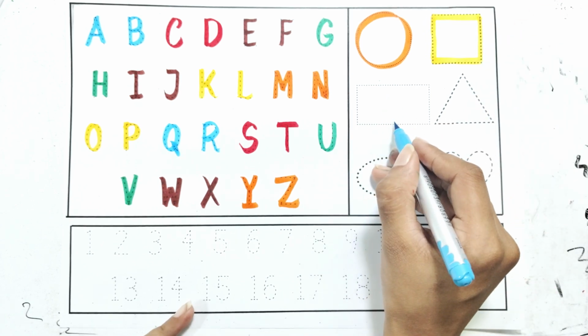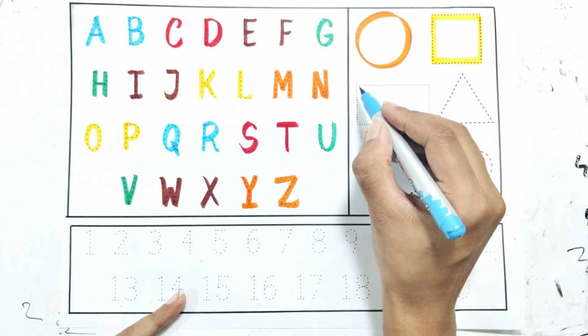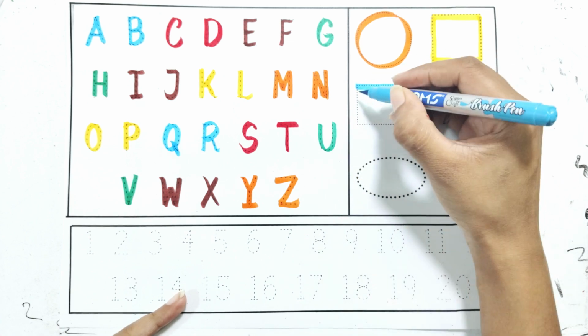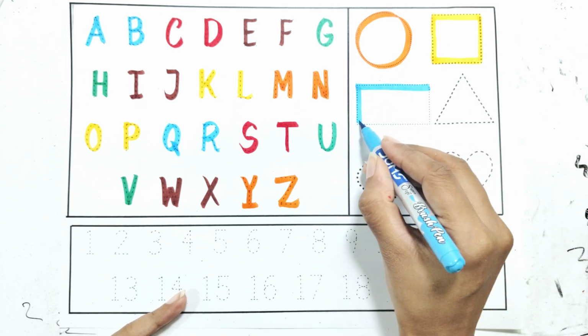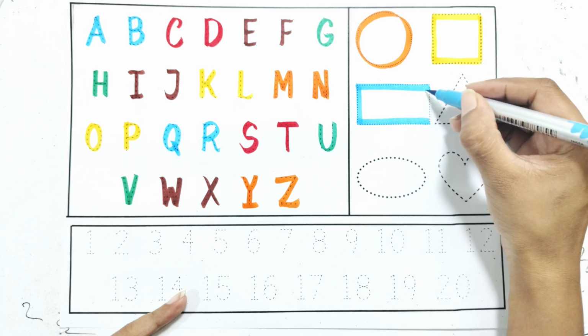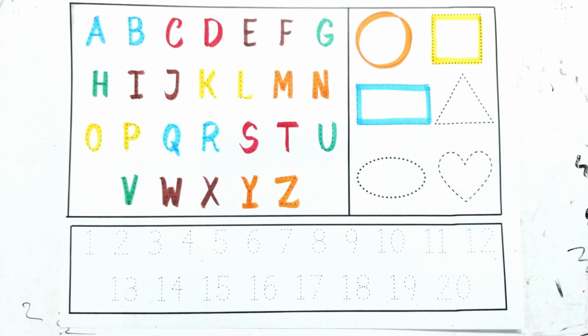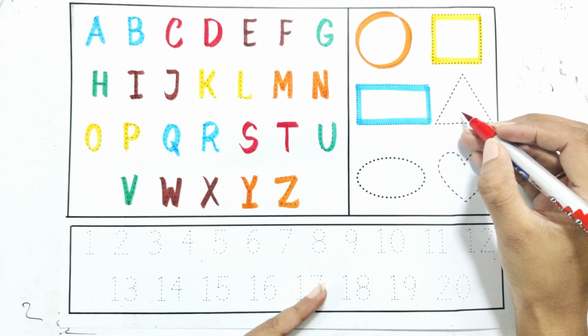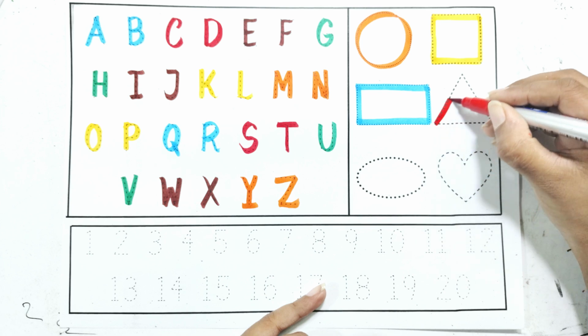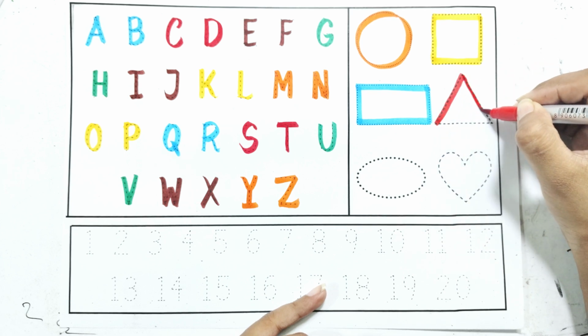Say with me the name of shape: rectangle. Draw with me a rectangle. Say with me the name of shape: triangle. Draw with me a triangle.